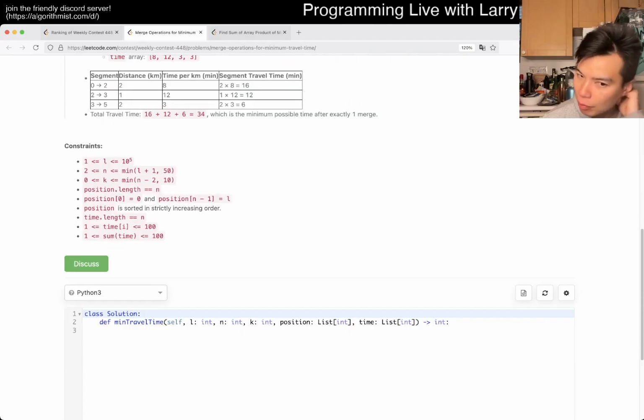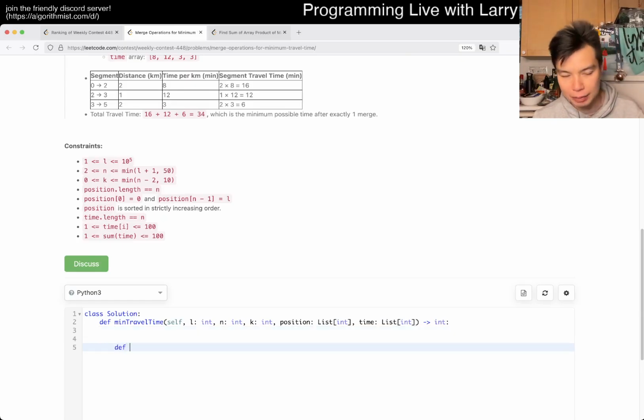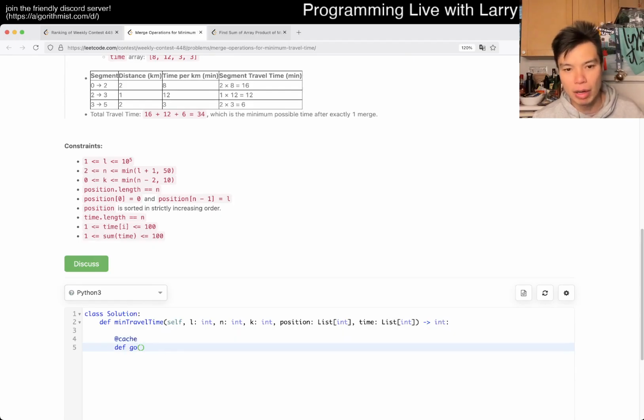so we have to figure out merge and not merge, right? So okay, let's say dynamic programming, we go, okay, so we are at index on the position, on the signs, k left, seems like we have to.